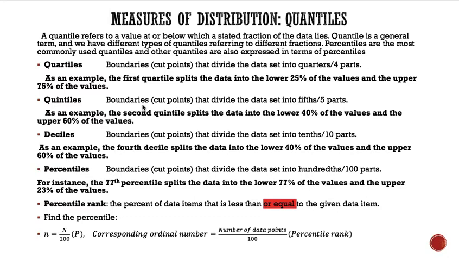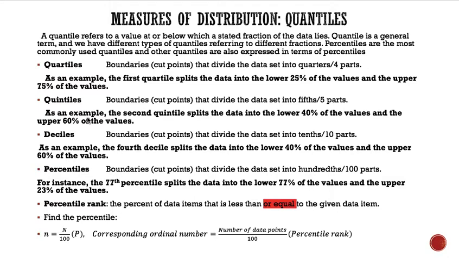Quintiles are boundaries that divide the dataset into 5 parts. As an example, because we have 5 parts, we have 4 boundaries. 4 boundaries divide a dataset into 5 parts.